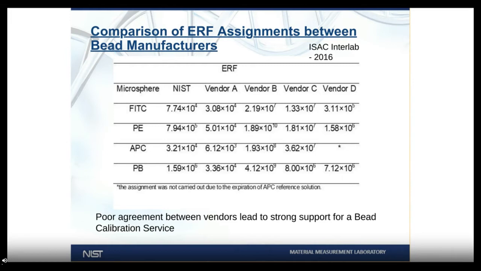And I'll talk a bit more about the details of that later, but the gist here is that there was poor agreement between the participants. And this poor agreement, and we're not talking about, say, a factor of 2, we're talking about orders of magnitude of disagreement. And so this poor agreement led the bead vendors to strongly support a bead calibration service that would be offered by NIST.